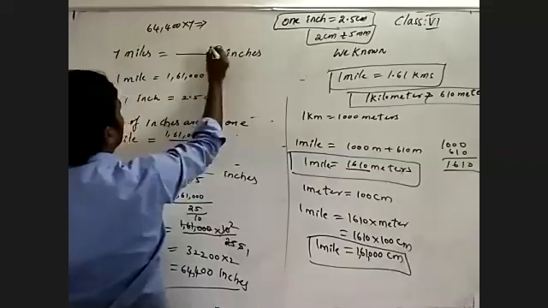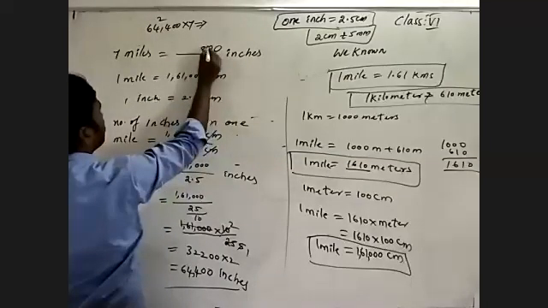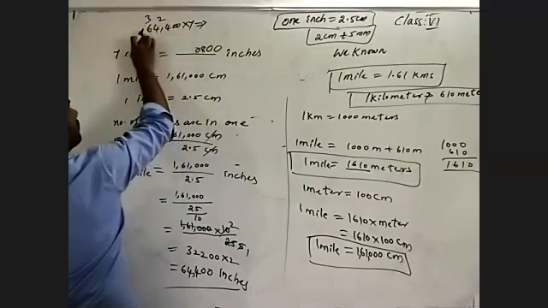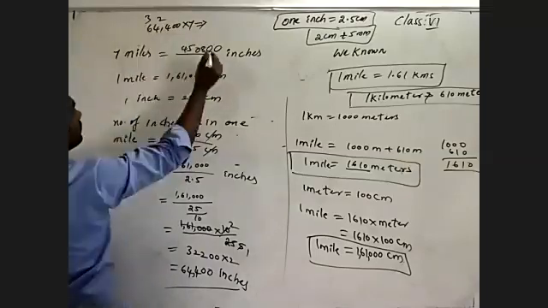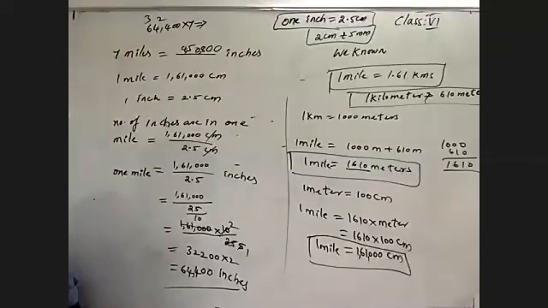7 4s are 28, 7 4s are 28, 30, 42, 45. So 4,50,800. Yes, 4,50,800 inches are present in 7 miles.